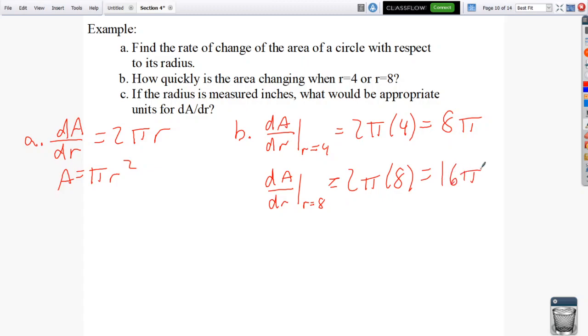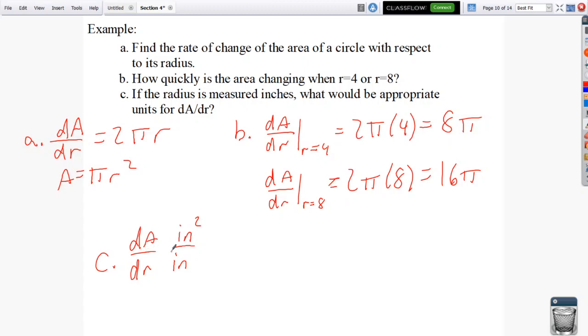All right, now the last question: if the radius is measured in inches, what would be appropriate units for dA/dr? The way that I think about this isn't really how you should write it out, but if radius is measured in inches, my area is measured in inches squared.